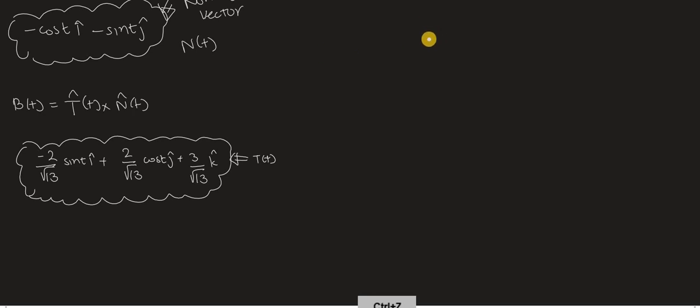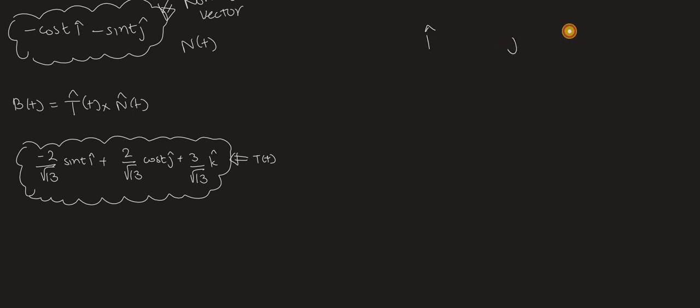Okay, so I'm going to cross product them. So i, j, and k. So this is negative 2 over square root of 13. I'm writing the tangent vector first, right? Because it's tangent vector times normal vector. And then sine t, 2 over square root of 13, cosine t, 3 over square root of 13.